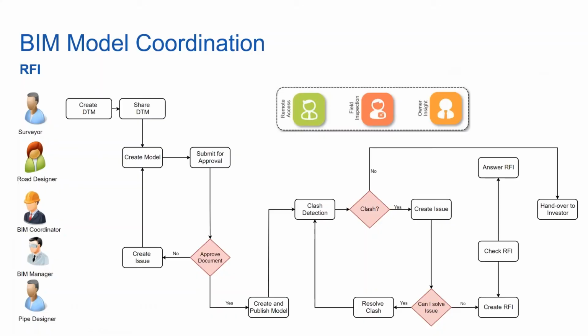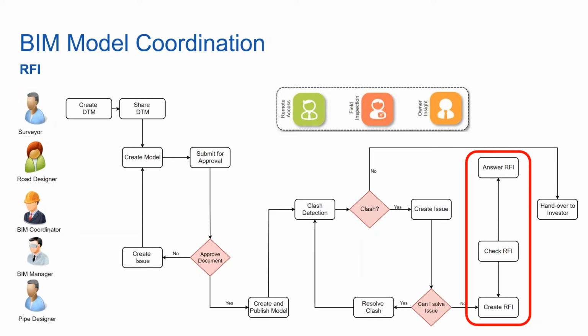And let's look at another task, what we call RFI, Request for Information. This is something which is very often appreciated by our customers, because of course you can create an issue.